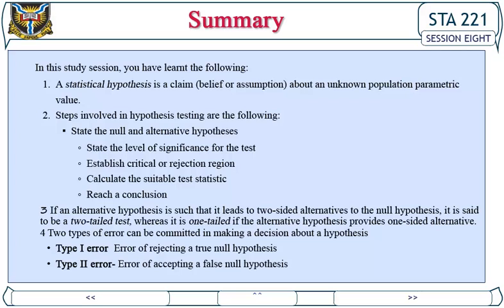Similarly, one minus beta is the probability of rejecting the false null hypothesis.